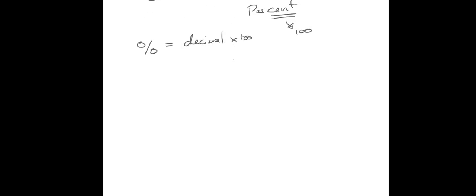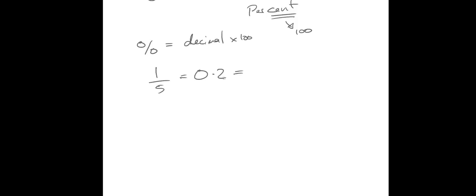So let's have a look at the example that we had before, 1/5. Well, we worked that out. 1 divided by 5 is 0.2. Okay, so far so good, but I want to convert that into a percentage.